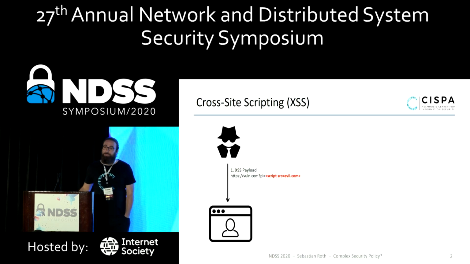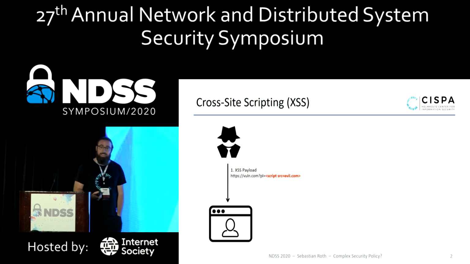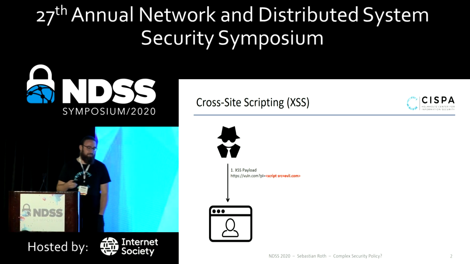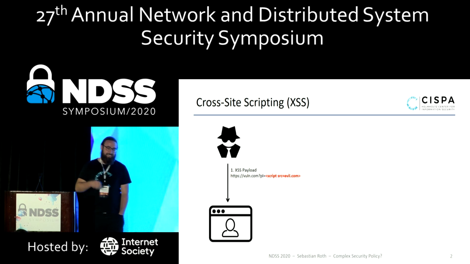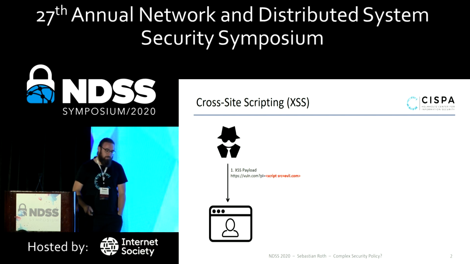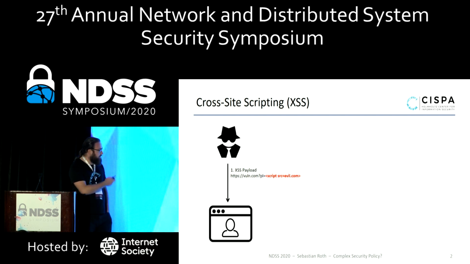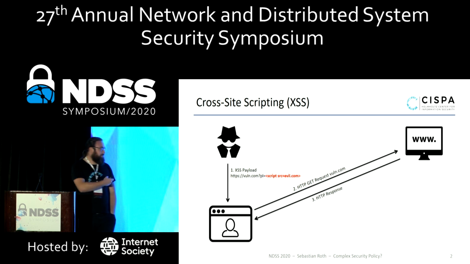One of the most prevalent vulnerabilities in web applications is cross-site scripting, and to perform those kinds of attacks, an attacker lures the victim's browser into loading malicious JavaScript. In the example you can see here, the victim's browser is lured into issuing a GET request to a vulnerable website.